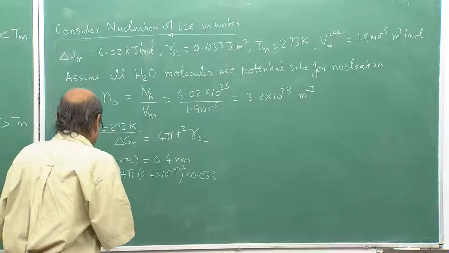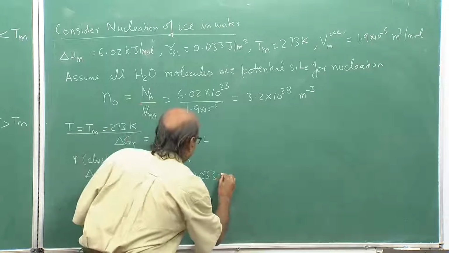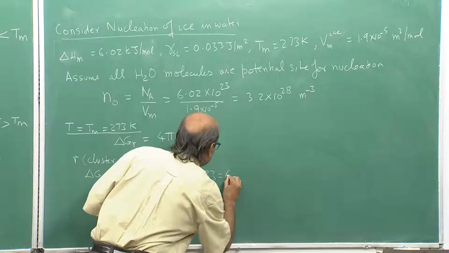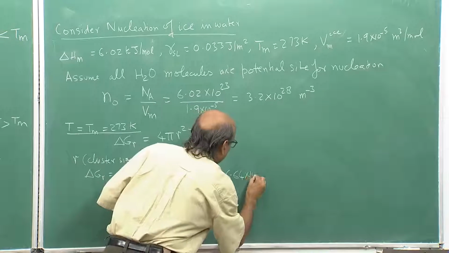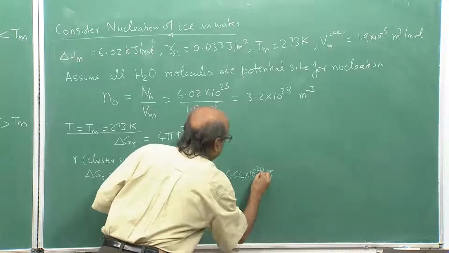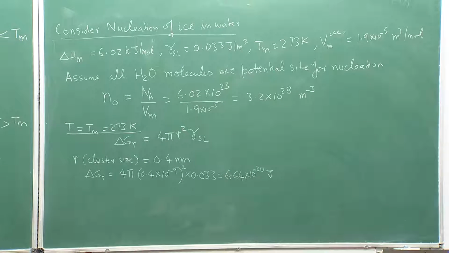This gives me a value of 6.64 into 10 to the power minus 20 joules.